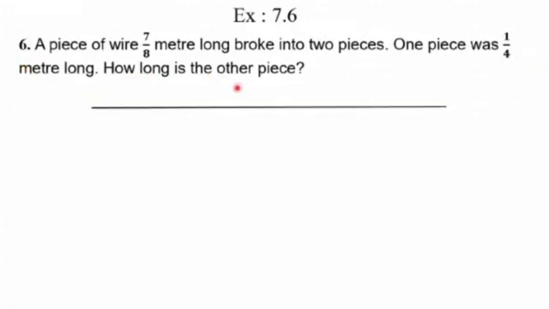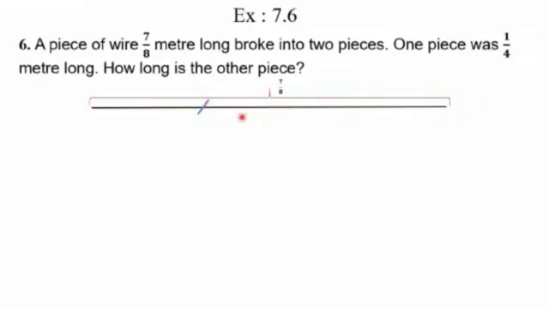First of all, I'll explain it to you through a figure. This is one wire whose whole length is 7 upon 8 meter. Now this black wire has been broken from one part, an unequal partition of the wire.